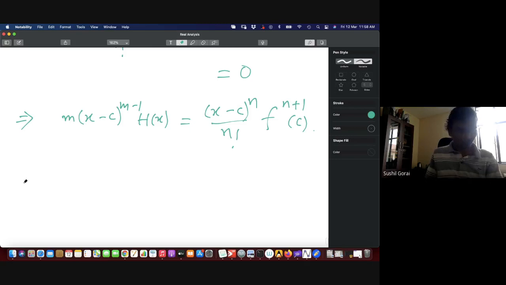So put p equal to 1. Put p equal to 1. So, sorry, put p is not p, m equal to 1.